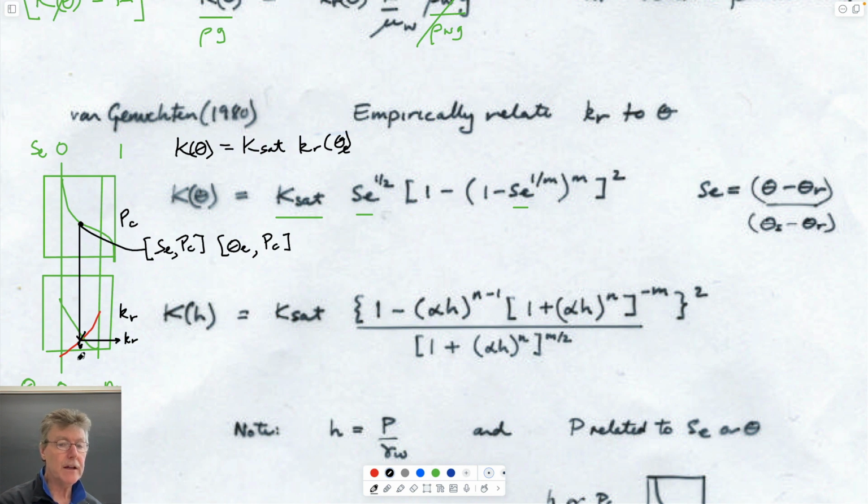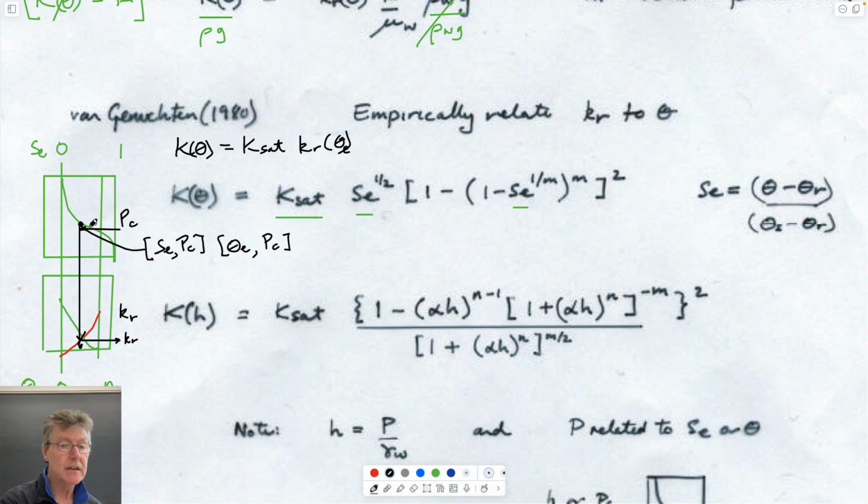We can either define it directly through saturation or volumetric moisture content, which is easiest because we just need to find this location on this curve for that particular value. If we're defining it in terms of head, we have to figure out exactly what the magnitude of head is. That gives us saturation, and then that gives a relative permeability.